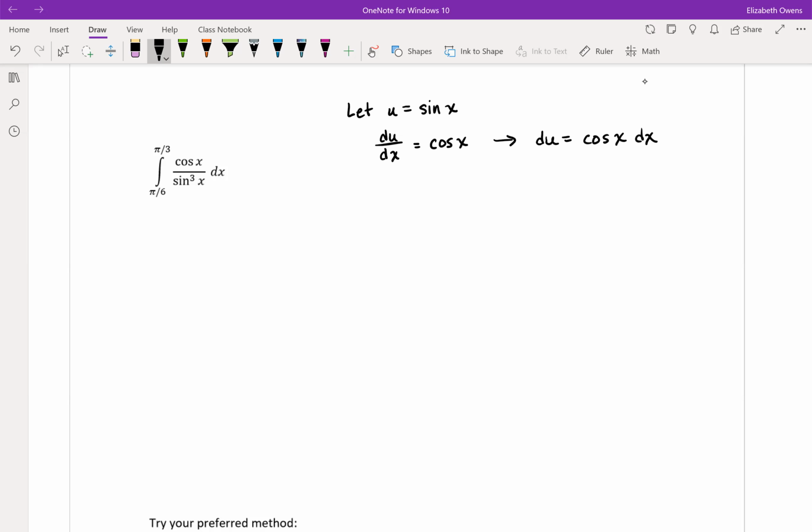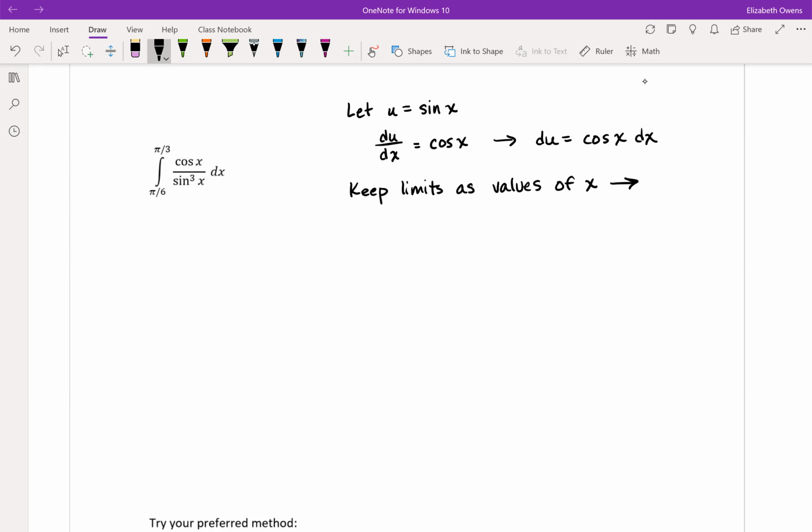Okay. Now here we are going to keep the limits as they are. We are not going to convert those. Okay, keep limits as values of x.